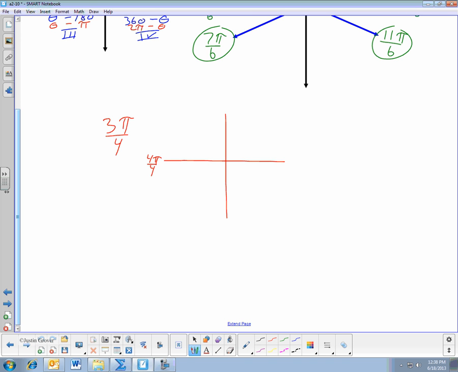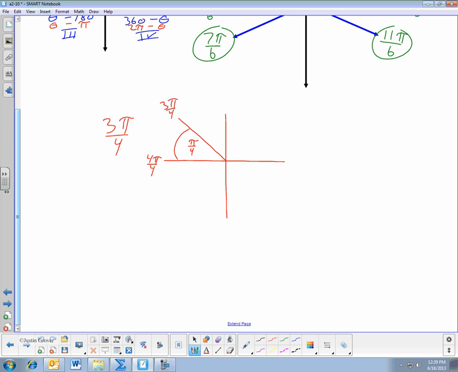And I'm just short of that, so I know I'm less than 180, but I'm definitely greater than 90, because 90 would be 2 pi over 4, which is pi over 2. So I know I'm in quadrant 2 with 3 pi over 4, and it's so simple to do the reference of that, because all you really do is take the denominator. It'd be 1 pi over 4, because 4 pi over 4 minus 3 pi over 4 is 1 pi over 4. So a reference of 3 pi over 4 is pi over 4.